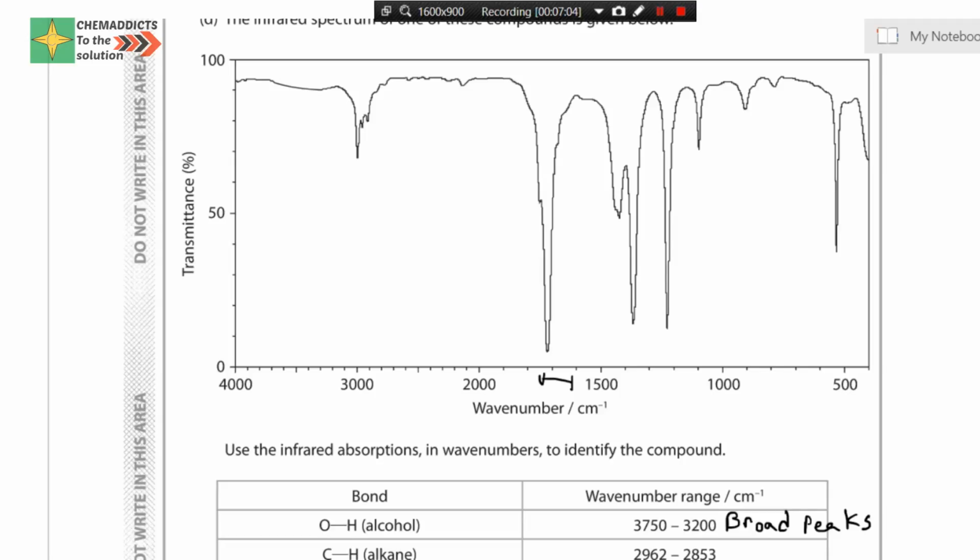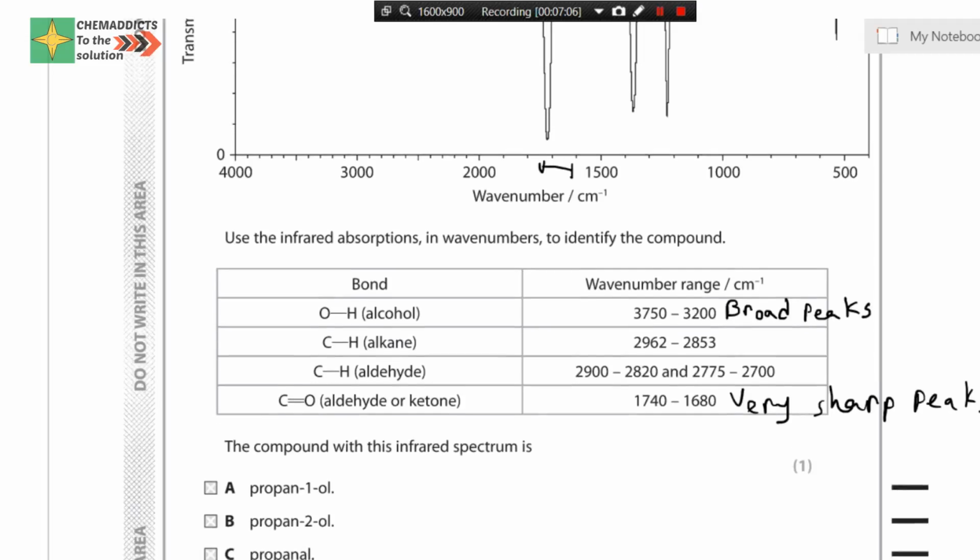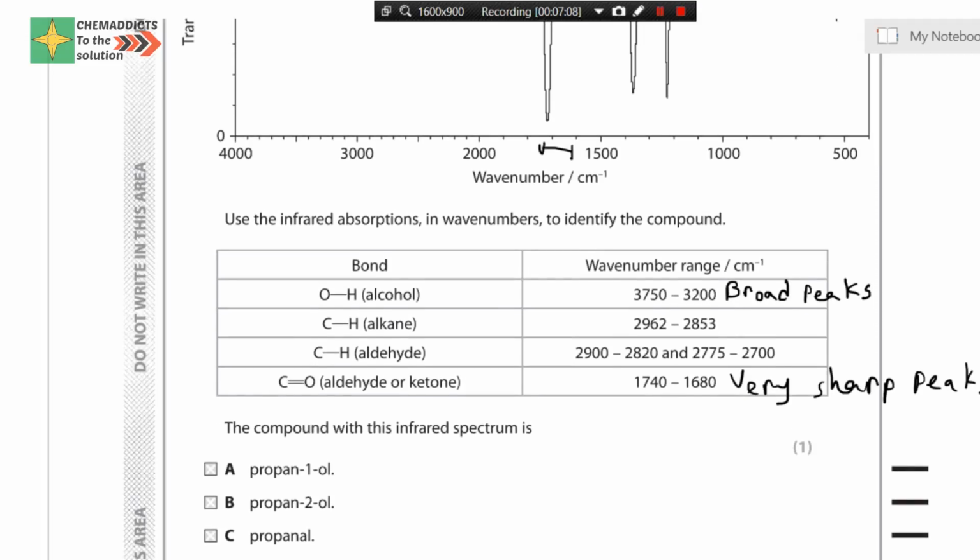So now let's get back to the question. The compound with this infrared spectrum is propan-1-ol, propan-2-ol, propanal or propanone. Let's match this with the data given.